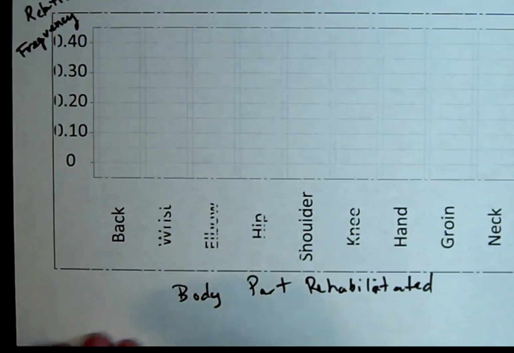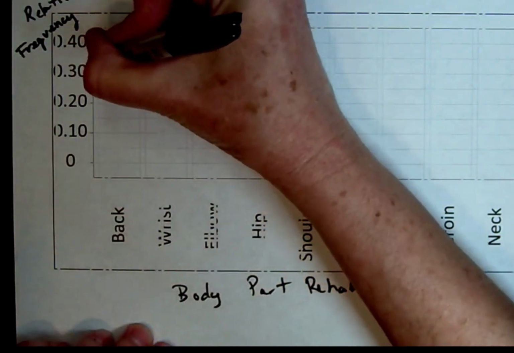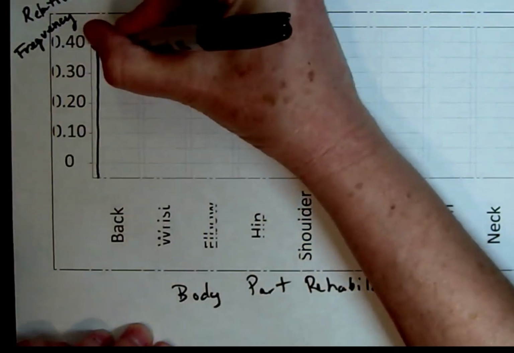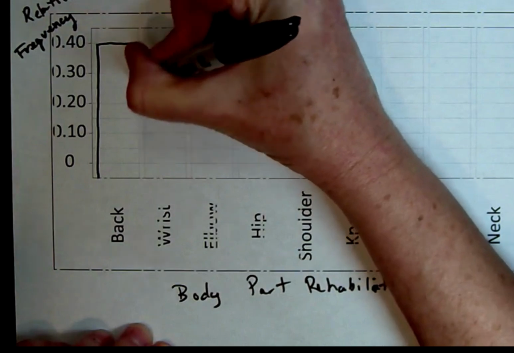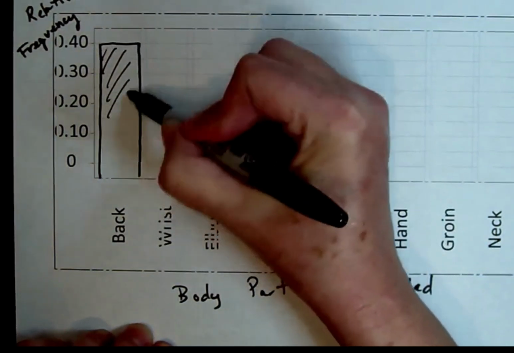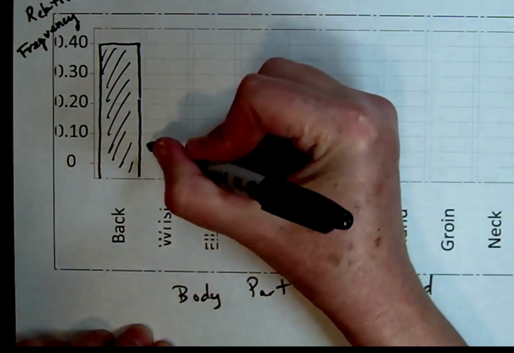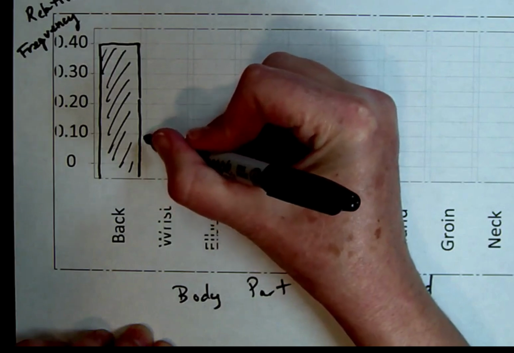We said the relative frequency of back rehabilitation was 0.4, so I'm going to go up to 0.4. So 0.4 or 40% of the data values were back. For the wrist, we said 0.0667. Let's see, we're going to have to eyeball this a little bit.